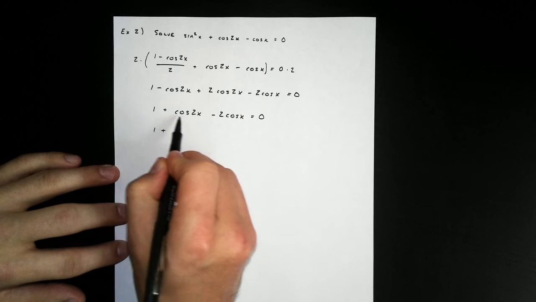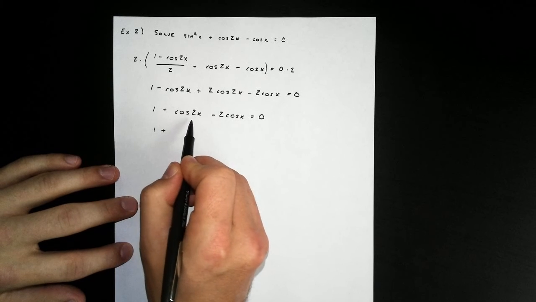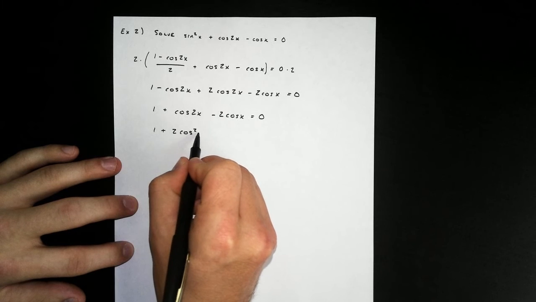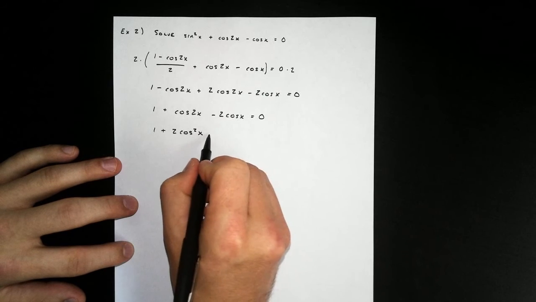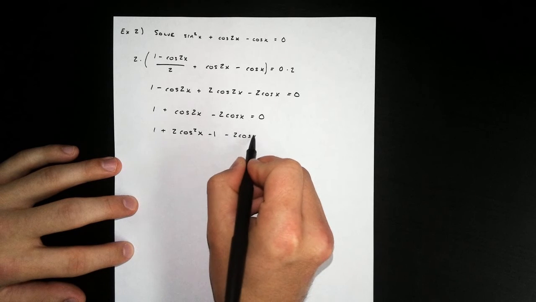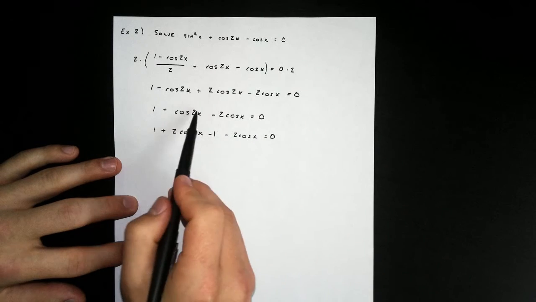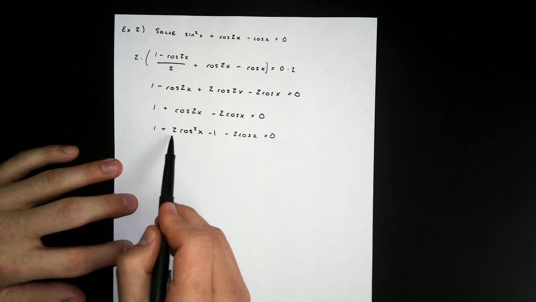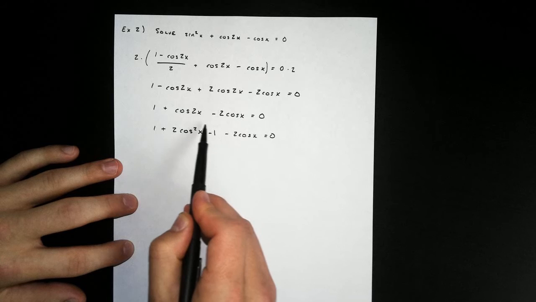So substituting that in, it's 2 times the cosine squared of x minus 1. So we took the cosine of 2x and we substituted it with this identity right here.